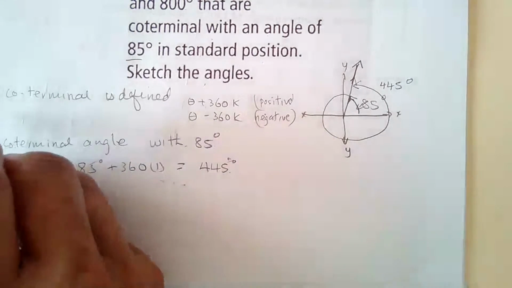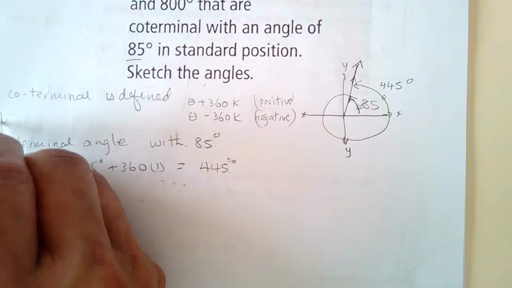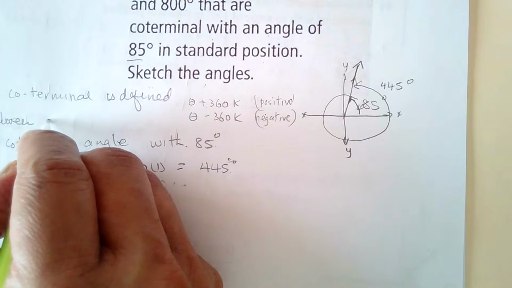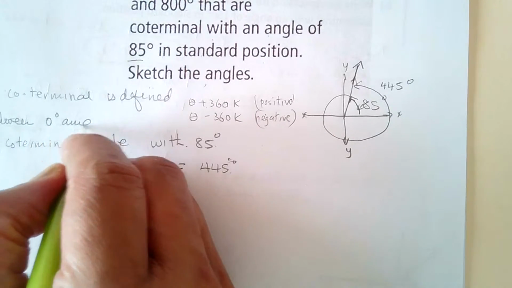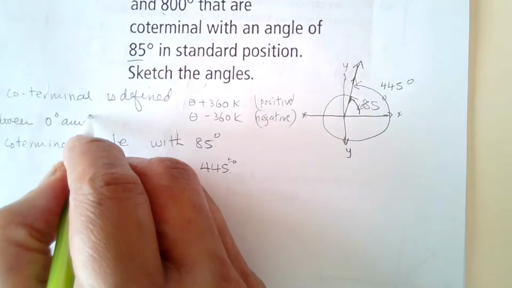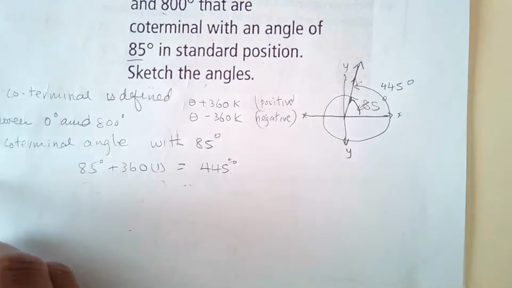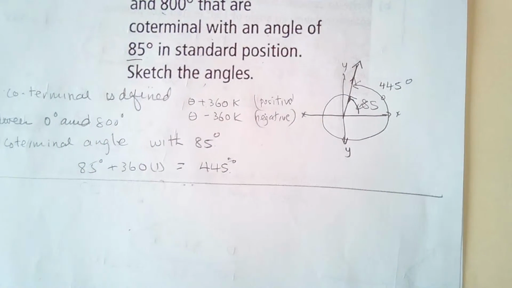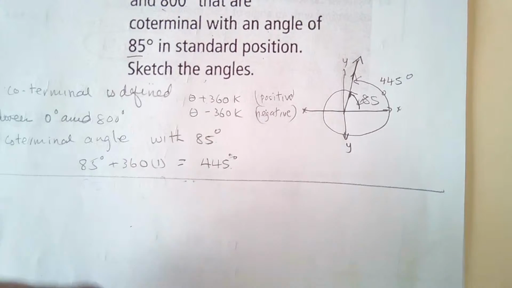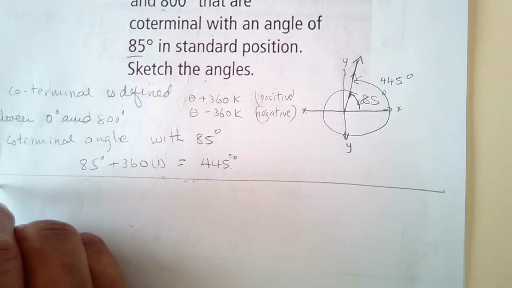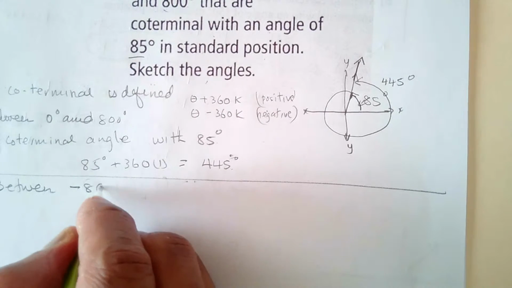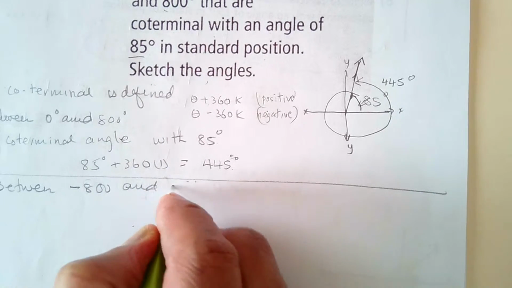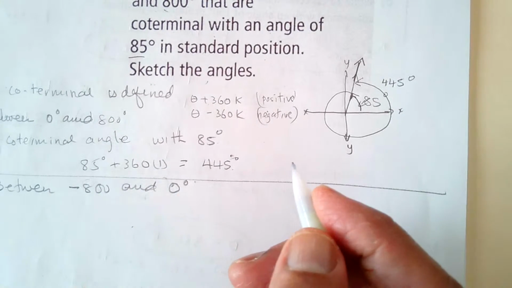So this is between, in this case, 0 degrees and 800. Now let's look at angles that are between negative 800 and 0 degrees.